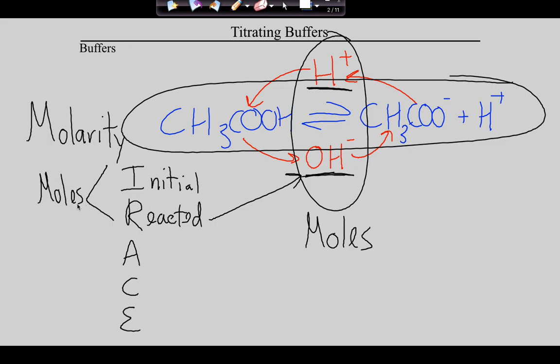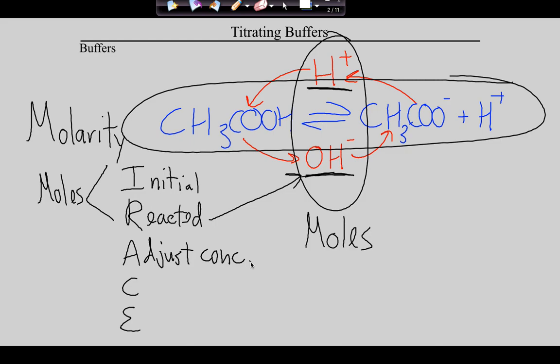These are in moles, because this describes the buffer being attacked by a strong acid or base. Then at that point, we come to our adjusted concentrations. What adjusted the concentrations? The addition of the strong acid or the strong base.